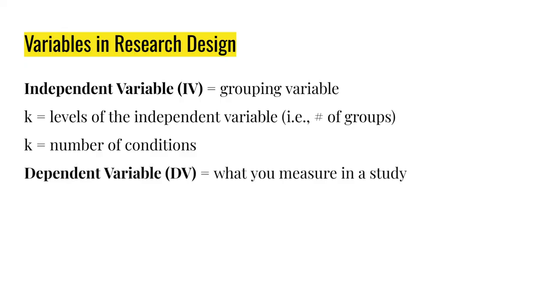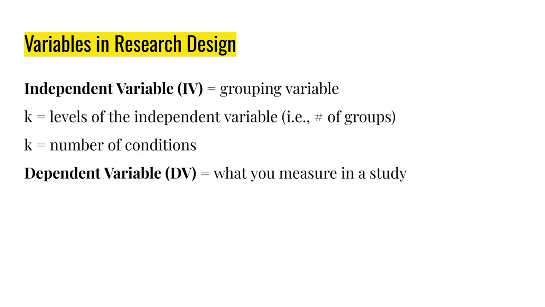So now we move on to the dependent variable. Our symbol for dependent variable is capital D, capital V, and you're going to want to go ahead and write that onto your symbol sheet as well. Our dependent variable is what you measure in your study.